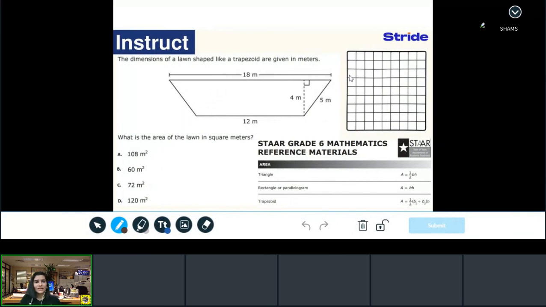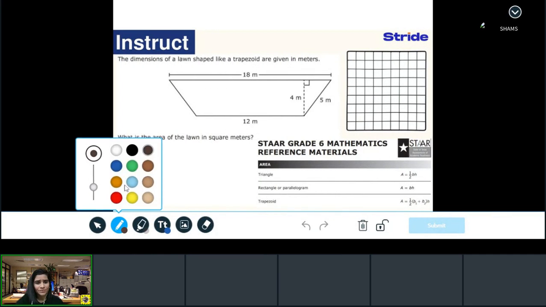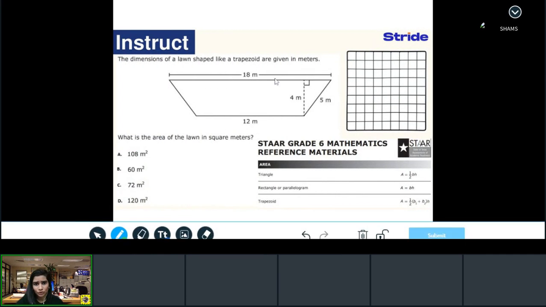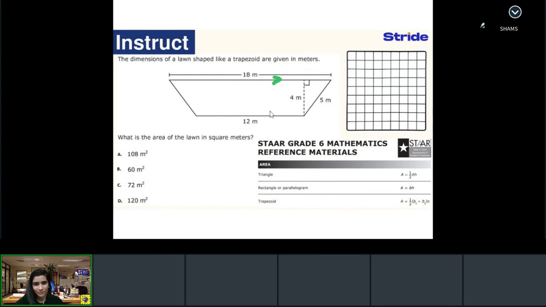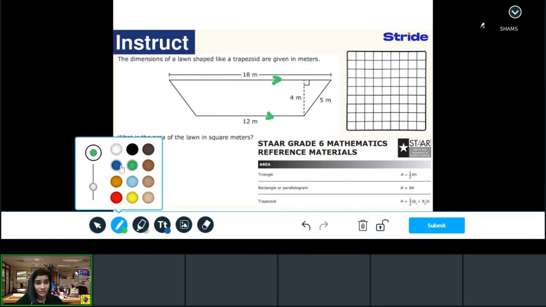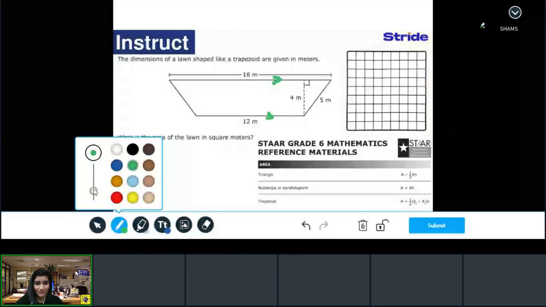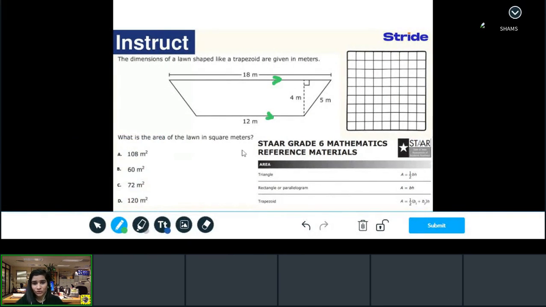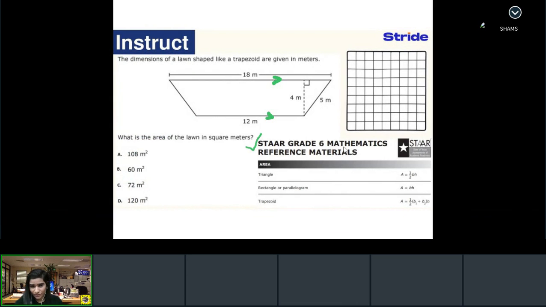Okay, here we have the same question from the discussion post that I'm going to go over, and I'm going to show you step by step how to solve for the area of this trapezoid. According to the formula in the reference chart, the bases are the two parallel sides of the trapezoid. The reference chart is a big resource.